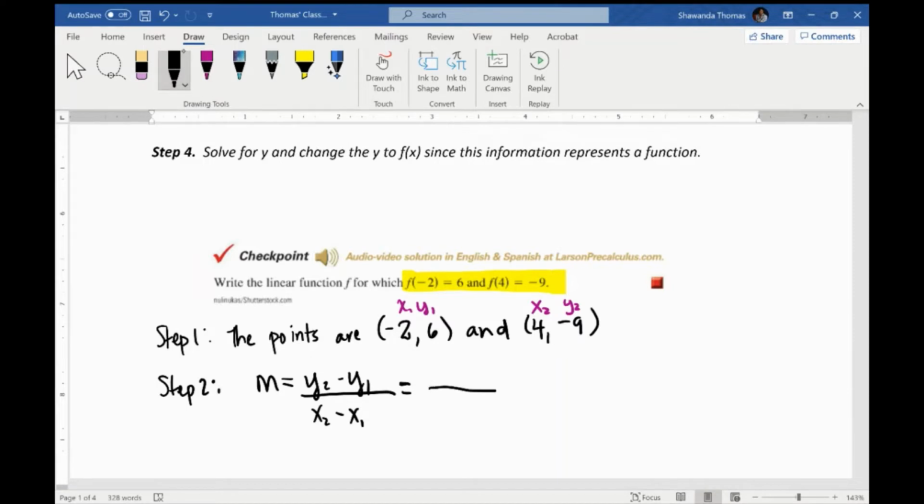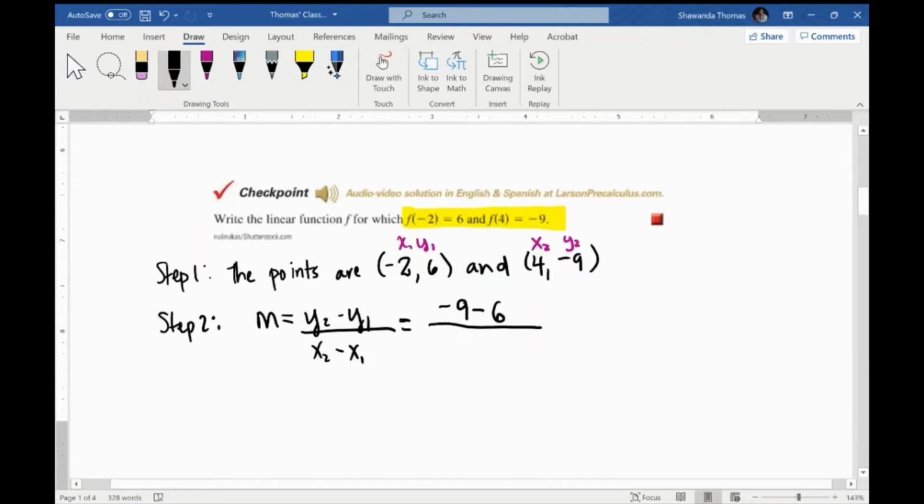So y2 equals what? -9. Then put minus y1, which is 6, divided by x2, 4, minus x1, -2. So 4 minus -2.